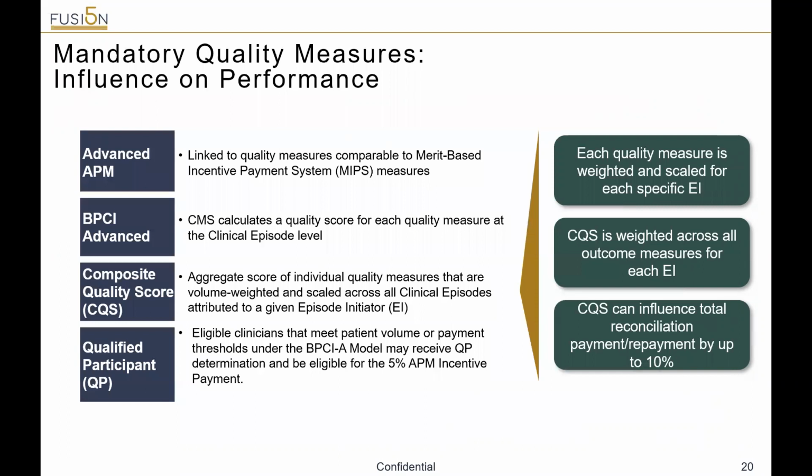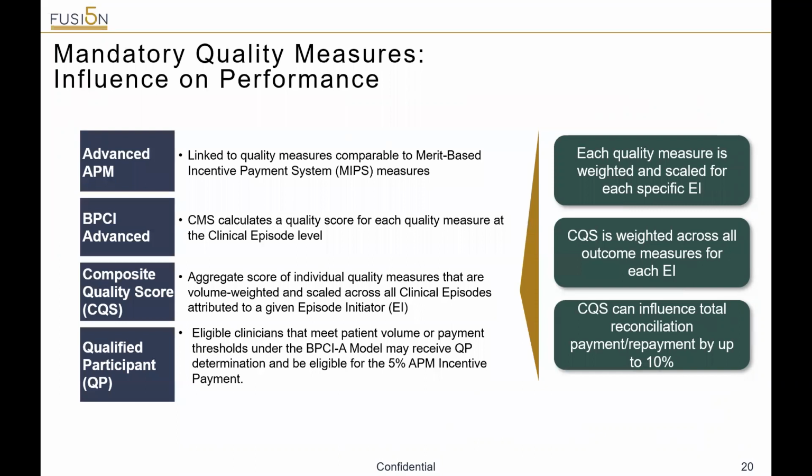The score will be different for any given type of provider episode initiator based on that volume and the patients that they serve and the locations in which they do their episodes. What CMS will do is apply that composite quality score to what's listed in the green boxes on the right. Again, each is weighted and scaled.